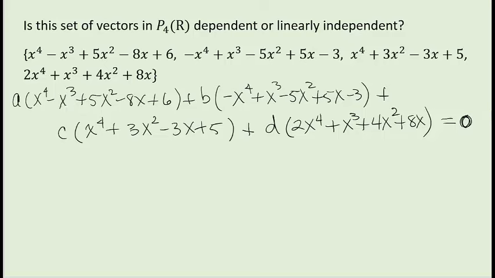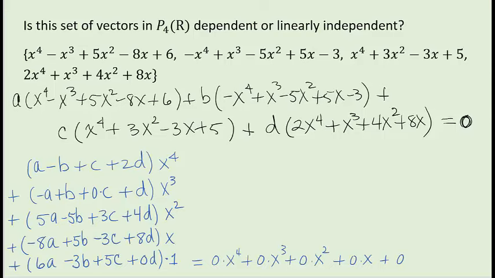I want you to be able to see once how you get a system of equations that will solve. So I'm going to expand this all out and collect coefficients on x to the 4th, x cubed, x squared, x, and 1. So you don't need to write all this down, but just look what I did.